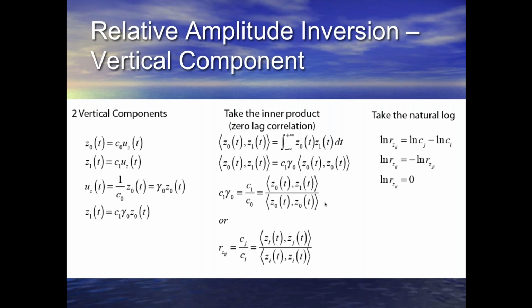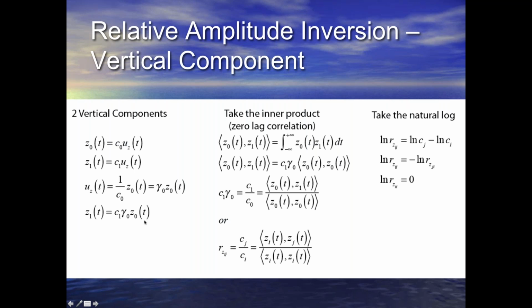So let me go through pretty quickly the deal with a linear inversion. This is all going to be done with linearized inversion. If we just look at the vertical components of an array, what I'm going to assume is that each component, here are two of them, Z0 and Z1, record the same ground motion, and they have an amplitude multiplier in front of them, and that we can solve for the other component of motion in terms of our reference component of motion.